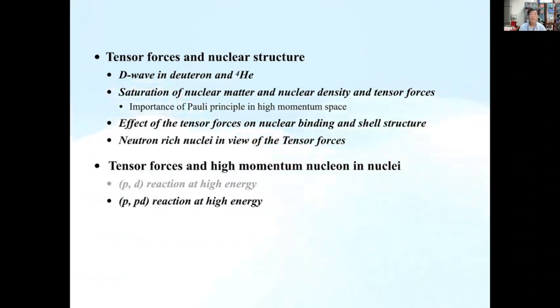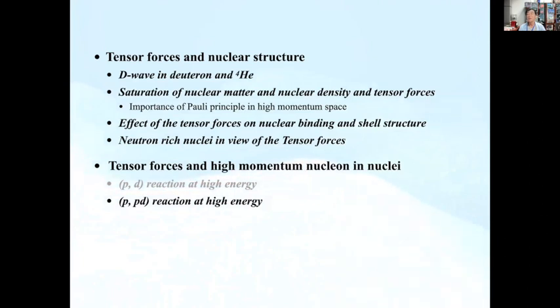And one very important point is that the tensor force I'm going to talk about is a little different from the usual nuclear treatment of the nuclear wave function. For deuterium and helium-4, our initial calculation includes the wave function of proton and neutron with a very high momentum tail. I mean, short-range correlation and tensor correlation, everything is included.